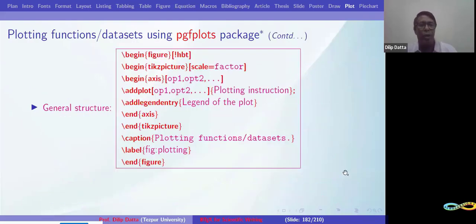Let's see the general structure, how it will be: begin figure, then end figure. This is for captioning and numbering, so caption and labeling you can do. And for plotting, what is done: begin tikzpicture, end tikzpicture. Inside that, what I told, the axis environment will be used. So this is the axis environment. Inside this axis environment, addplot and addlegendentry commands will be used with optional arguments to define things. Plotting instructions, legend, all this will go.